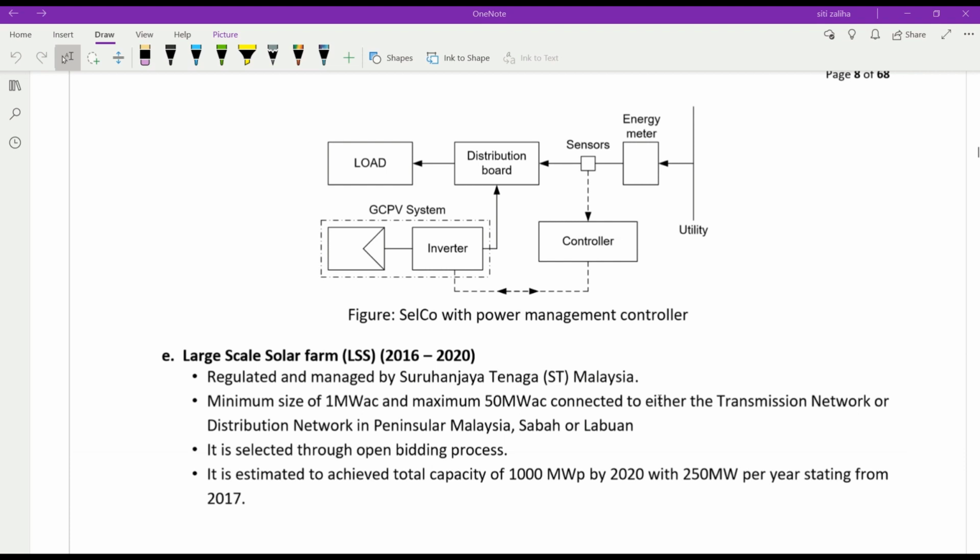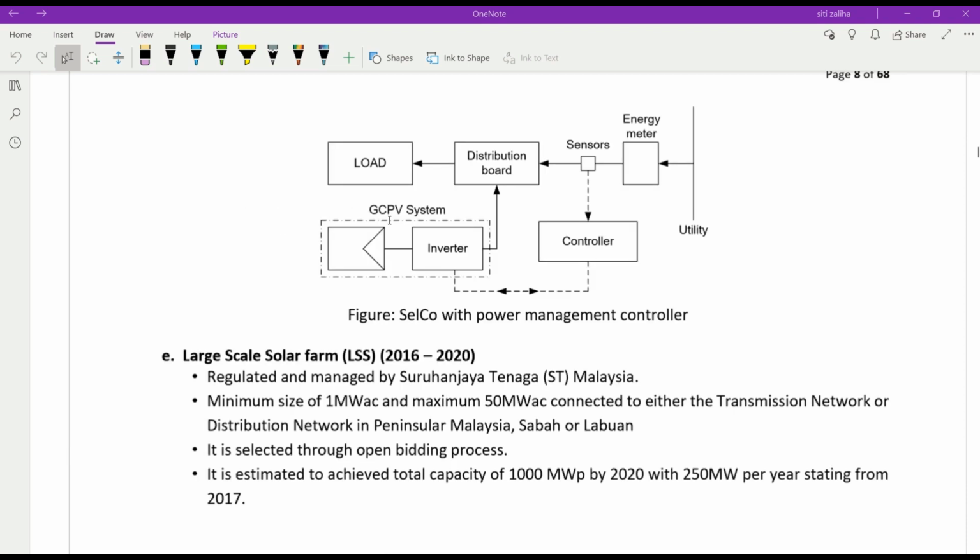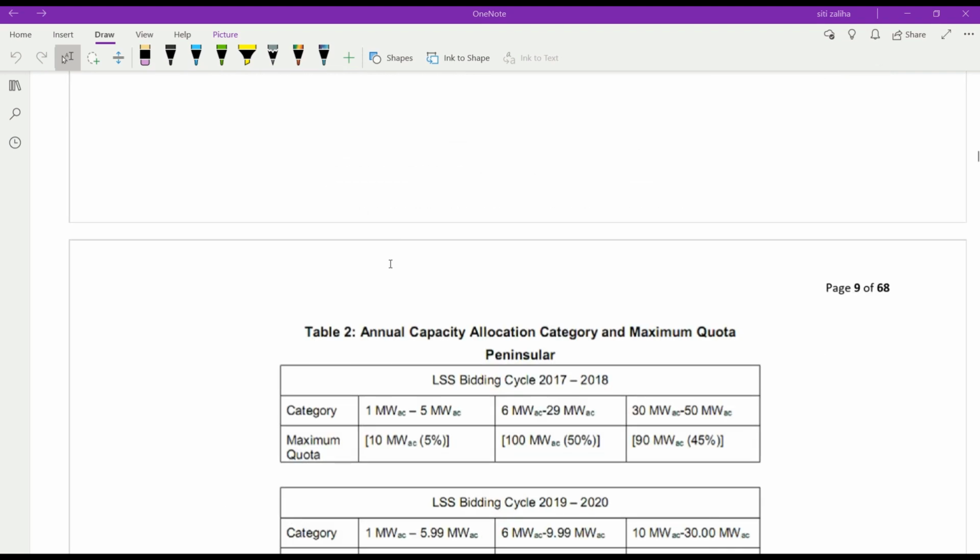It is selected through open bidding process. So it is estimated to achieve total capacity of 1000 megawatt peak by 2020 with 250 megawatt per year starting from 2017. Large-scale solar is managed by Suruhanjaya Tenaga.